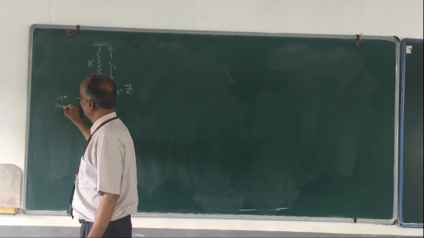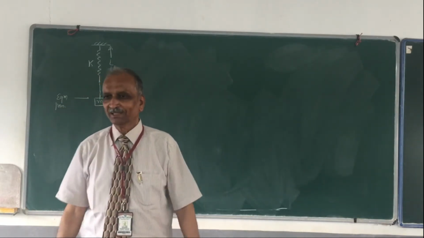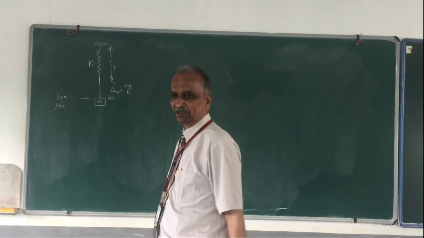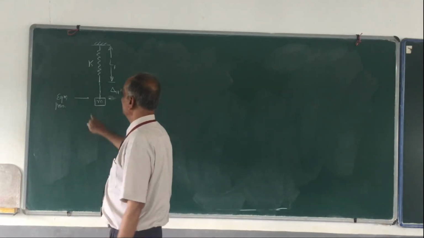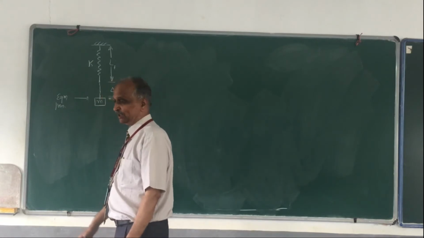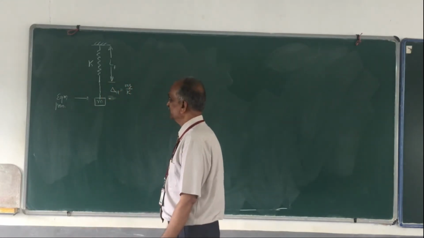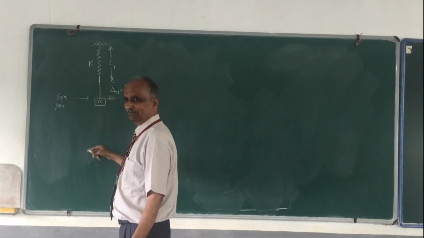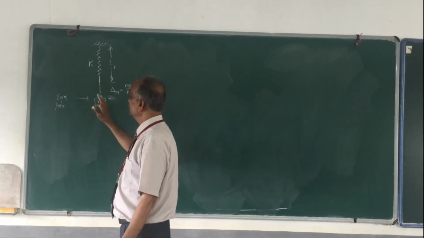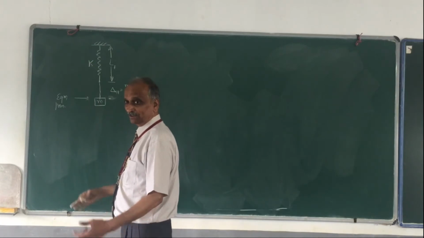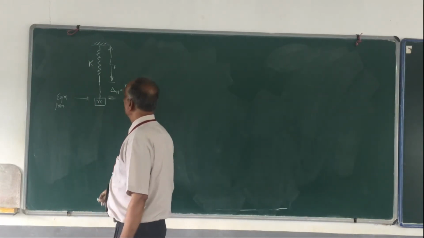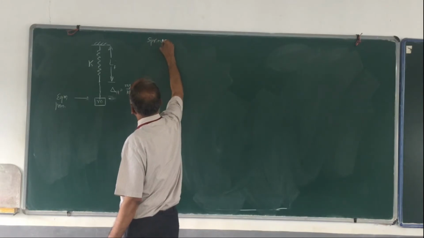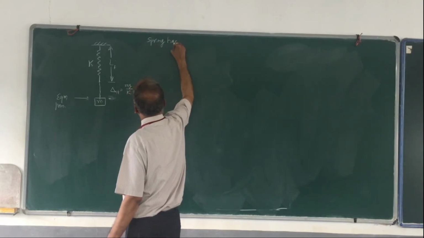Okay, all this we have done already, and so many times we have repeated it for other problems by other methods. Why am I doing it again? There is a slight change here. This problem is a different one. The spring I am showing is not a massless spring, it has mass.